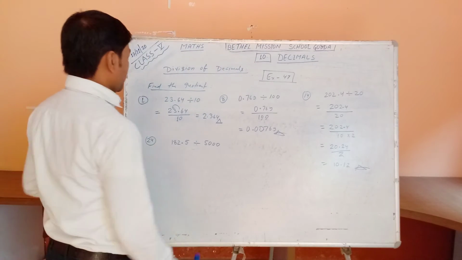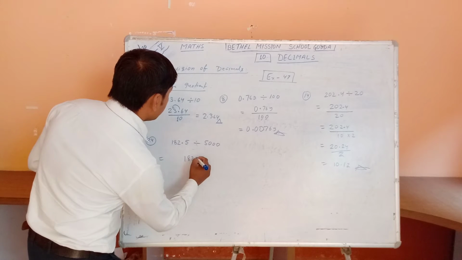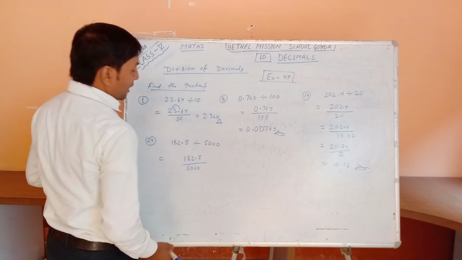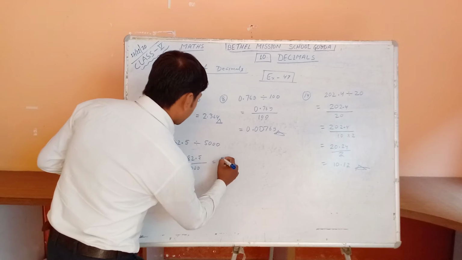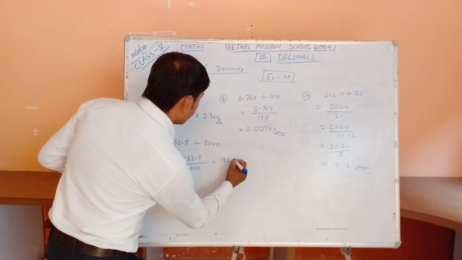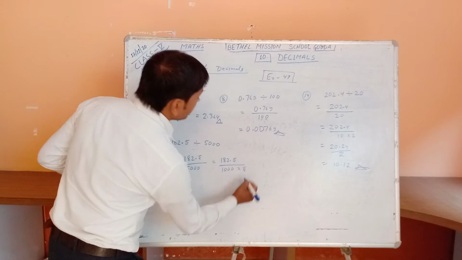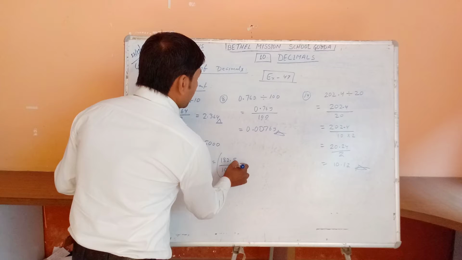Now this one is also the same. So write it in p by q form first. 5,000. Now 5,000 we can write as 5 into 1,000. First we divide by 1,000.